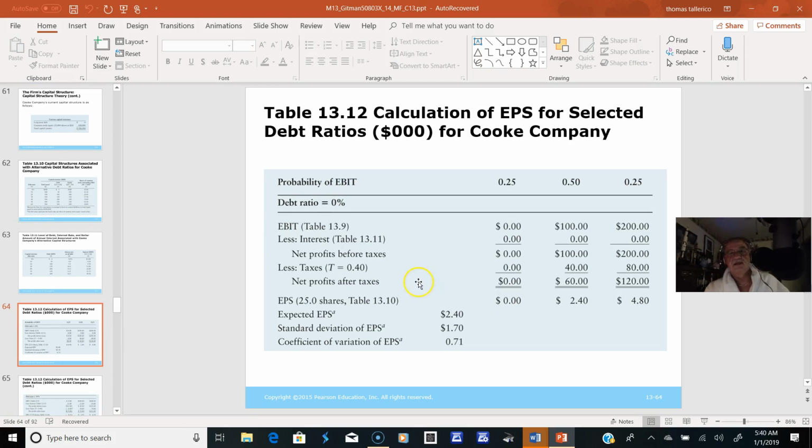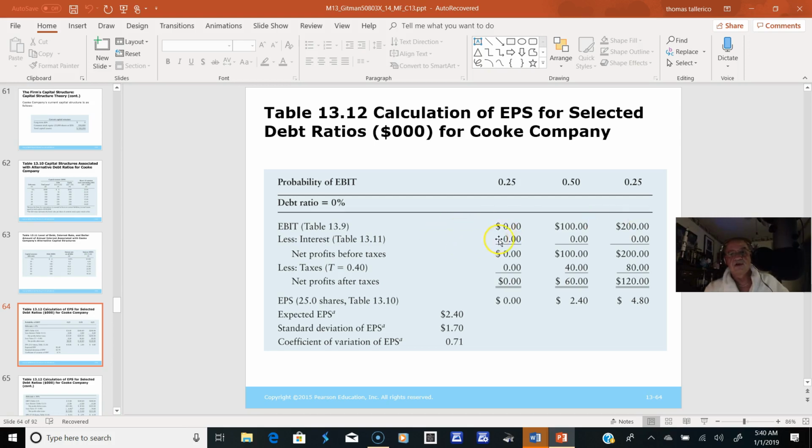So here's the calculation of earnings per share. Here is the debt ratio of 0, and here is the earnings before interest and taxes, theoretical, from table 13.9: 0, 100, 200, and so on. This is all in your book, by the way.